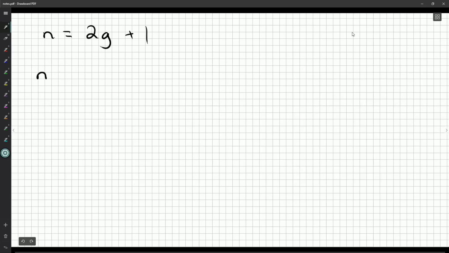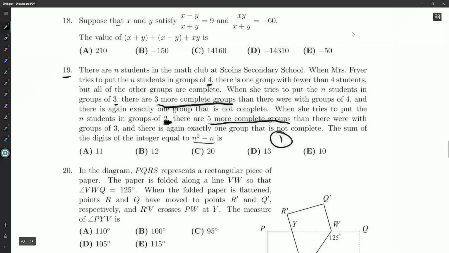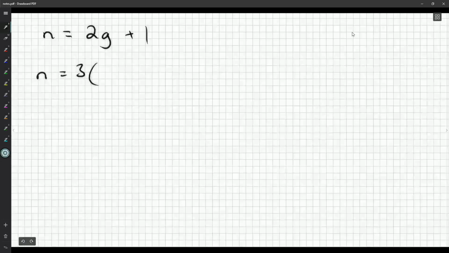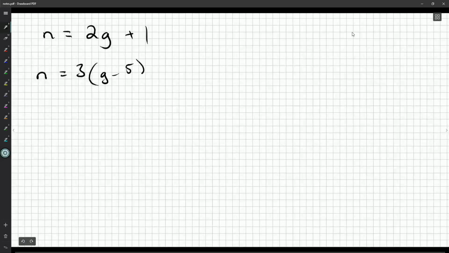Now, if we take a look at the groups of 3, if I have g groups of 2, there are 5 more groups of 2 than there are groups of 3, so there will be g minus 5, and then plus some remainder. And I don't know what that remainder is. It's got to be 1 or 2, because we're told there's one group that's left over.